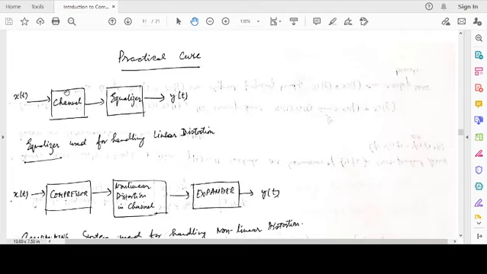The channel and the equalizer combined together provide a distortionless transmission scenario. As if the original signal x(t) was transmitted, y(t) would be proportional to x(t), a·x(t − td), with a delay.